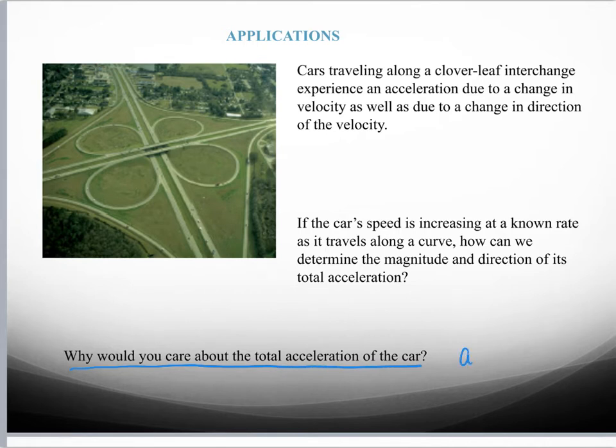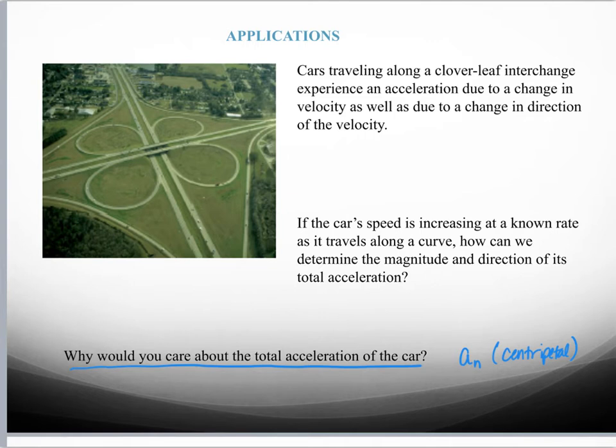Well, for instance, the normal acceleration, which also might be thought of as the centripetal acceleration, is going to be important because it's the acceleration towards the center of the curve, and that's the thing that's going to be responsible for keeping the car in that curvy path.